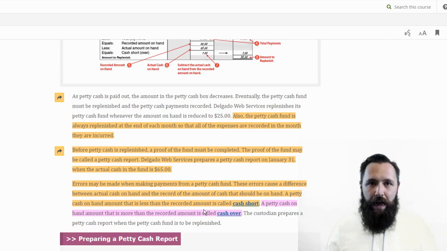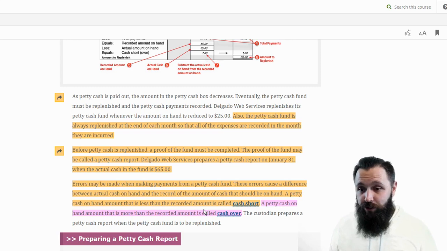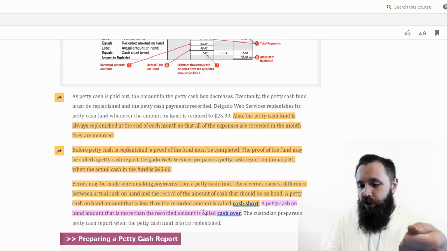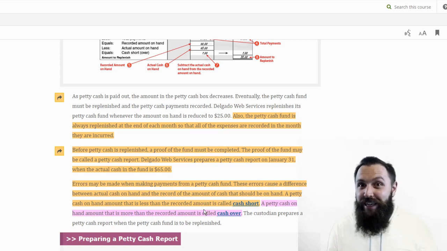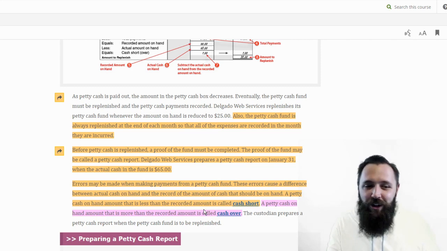You get $200 in your till, and you do some transactions, and at the end of your shift, the boss prints something off and says you should have $100 in this till. And you count it, and you only have $99.50. Well, that is going to be considered a cash short, okay? And that can happen with the petty cash box as well.